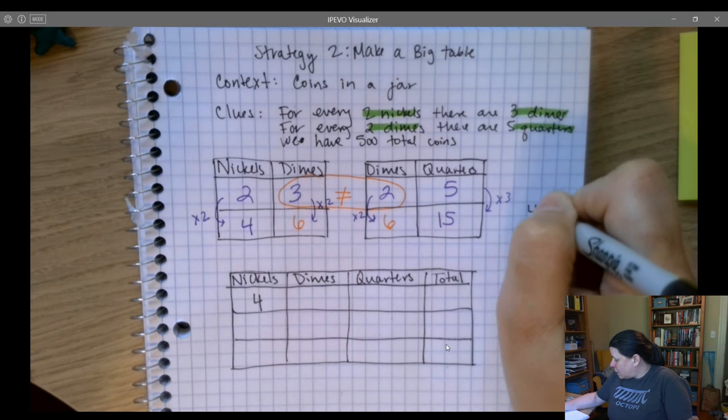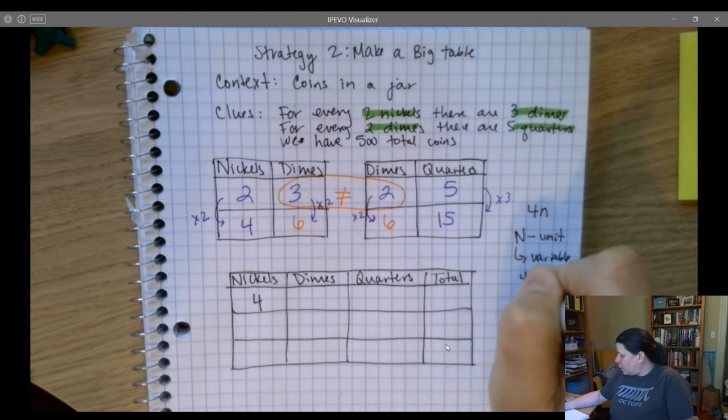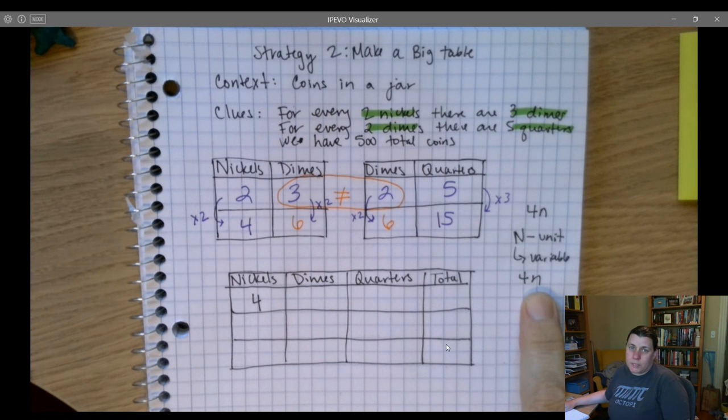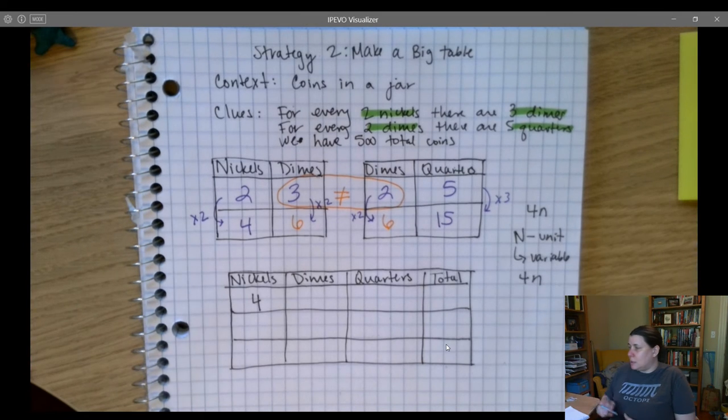As a variable, we'd write 4N, and 4N means 4 multiplied by N. That N is a variable standing in place for a value. And so you can see, I hope you can see that this is super confusing.